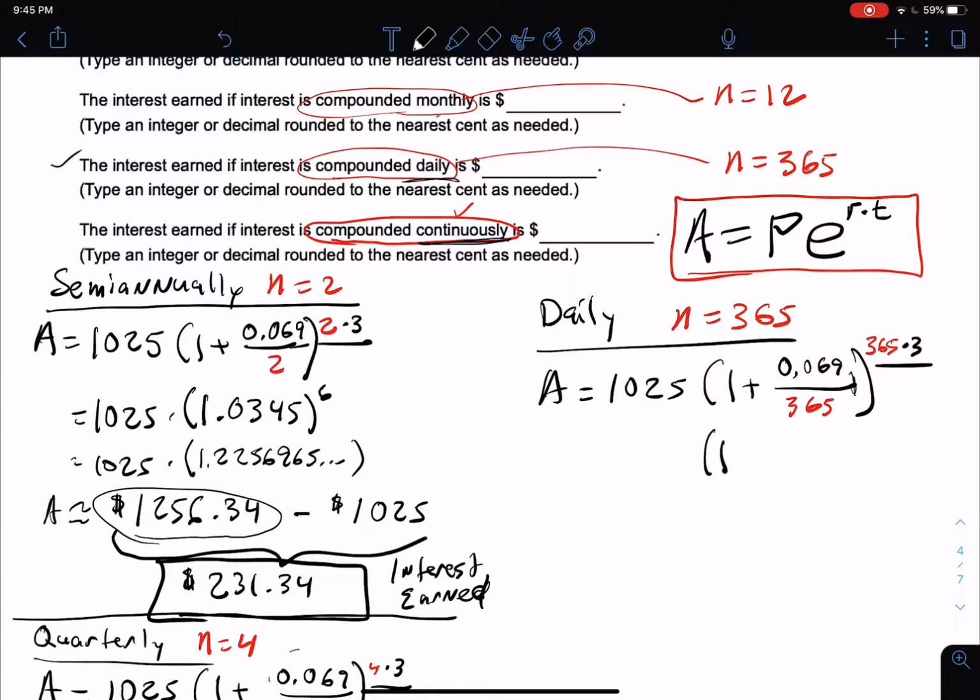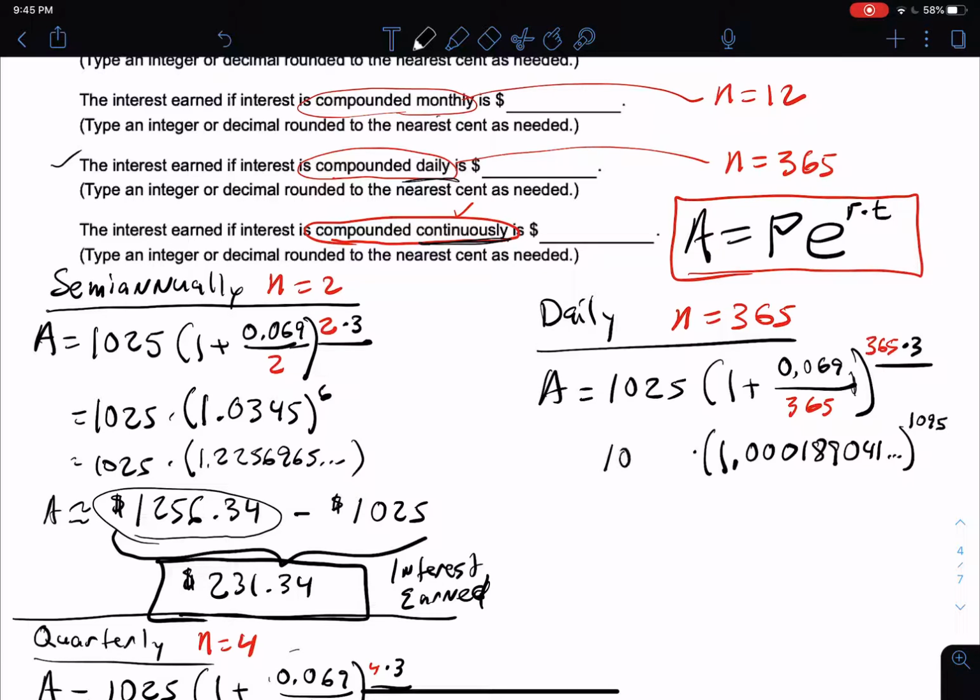So we're going to have to first divide, and then add 1. Order of operations, that would give us, not the nicest base here, 1.000189041, and of course that goes on and on. And then when we multiply 365 times 3, we get the raised to the 1095th power.